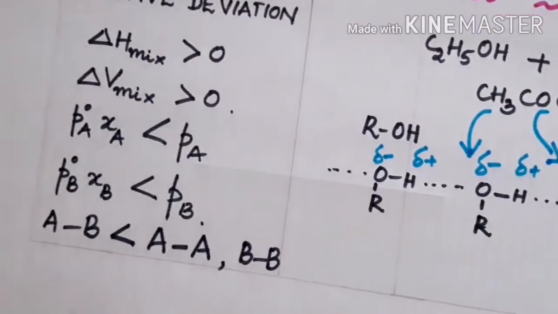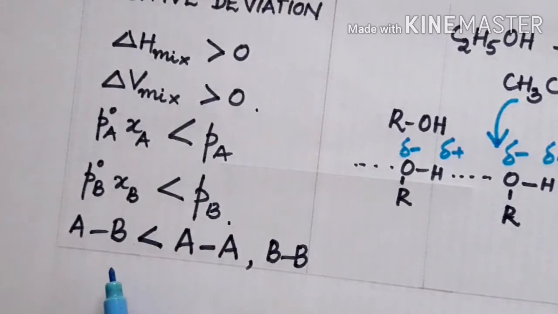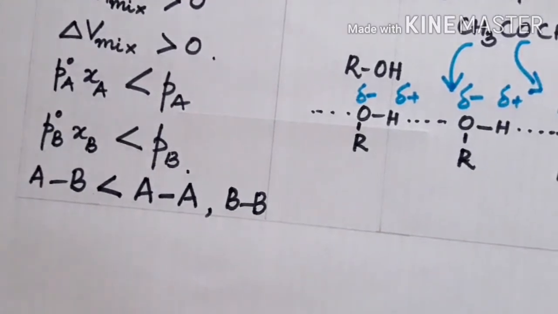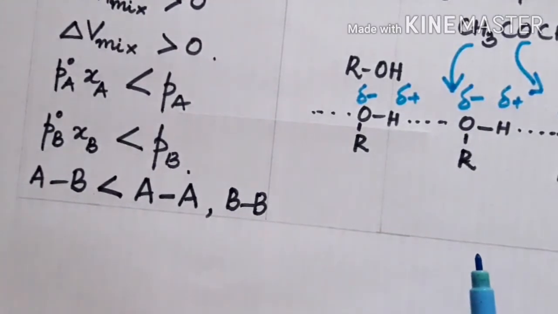So, you find that the solute-solvent interactions are weaker compared to the solvent-solvent or the solute-solute interactions. With the result, the molecules become free in nature, they change into vapor easily, and vapor pressure increases. When the vapor pressure increases, the liquid starts boiling at a lower temperature. That means the boiling point of the solution becomes lower.